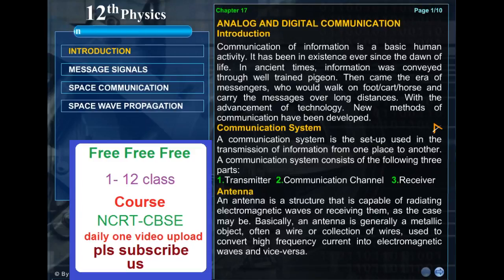Antenna. An antenna is a structure that is capable of radiating electromagnetic waves or receiving them, as the case may be. Basically, an antenna is generally a metallic object, often a wire or collection of wires, used to convert high-frequency current into electromagnetic waves and vice versa.